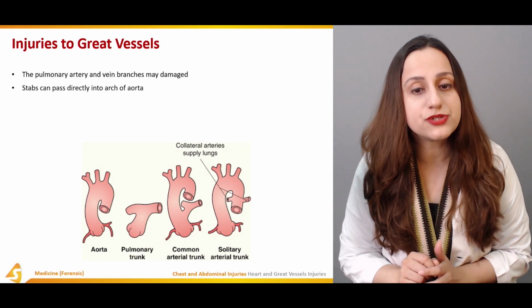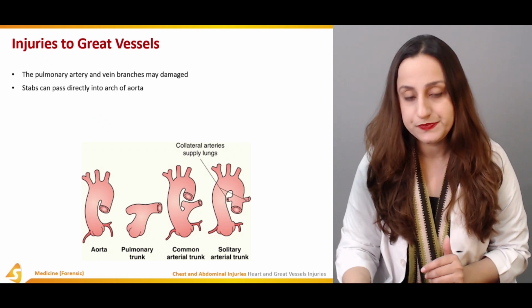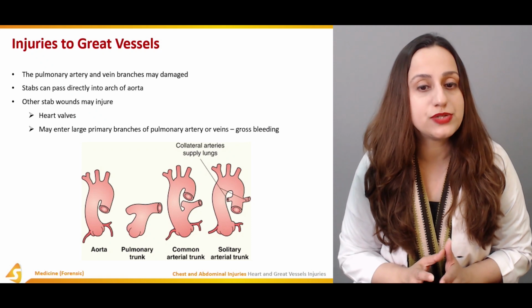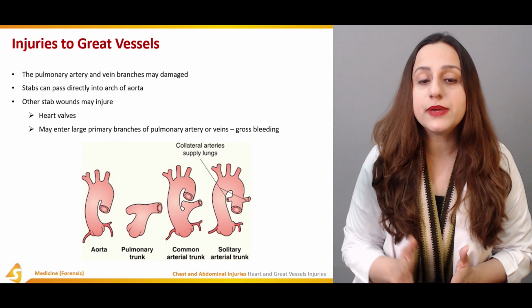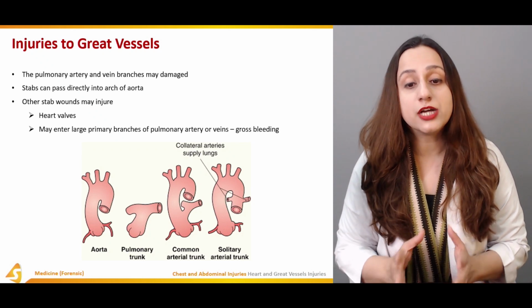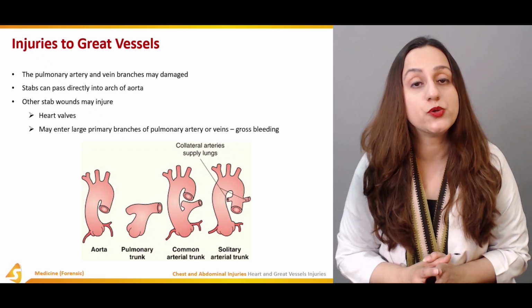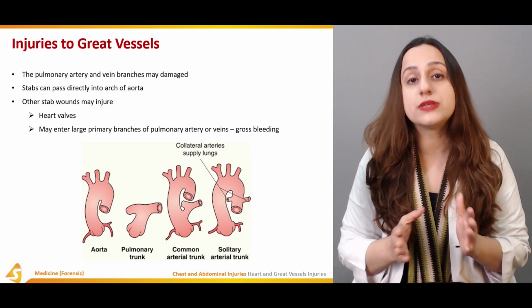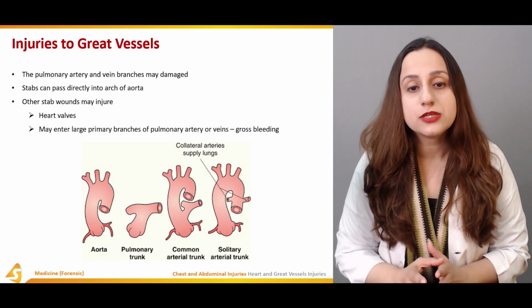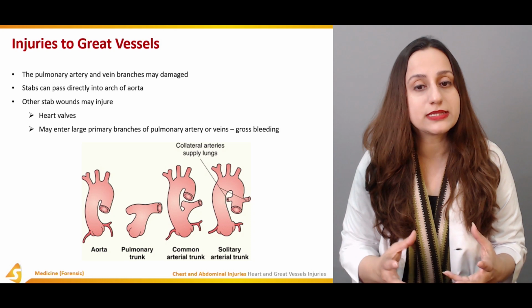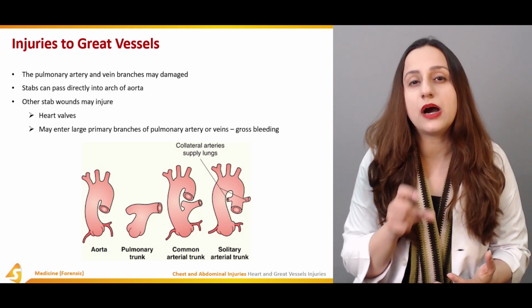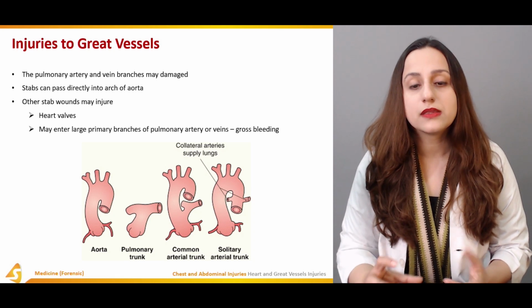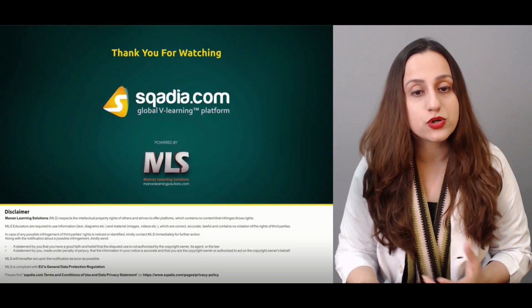The stabs can pass directly into the arch of aorta, and other stab wounds may injure the heart vessels, and may also enter the large primary branches of the pulmonary artery or the veins, which can again result in gross bleeding. So these are basically the structures that are affected in injuries to the great vessels, and all these structures, the heart valves, the heart chambers, are really vulnerable to all sorts of trauma.